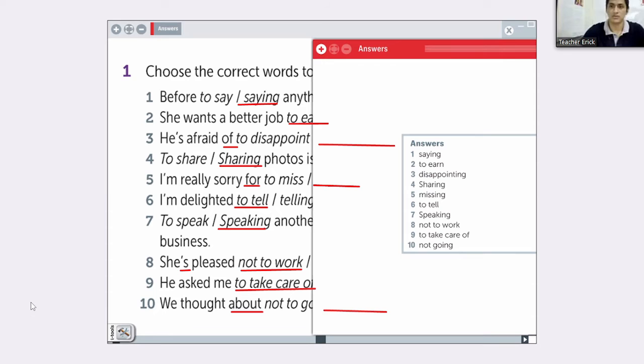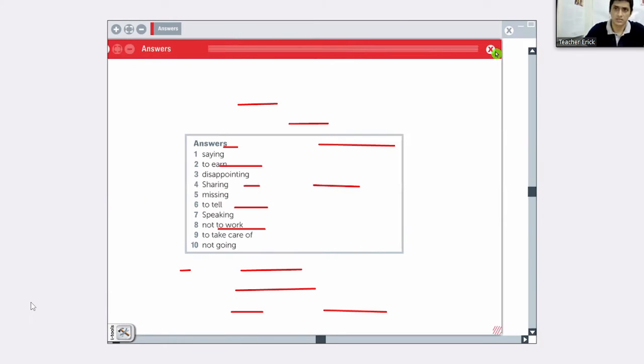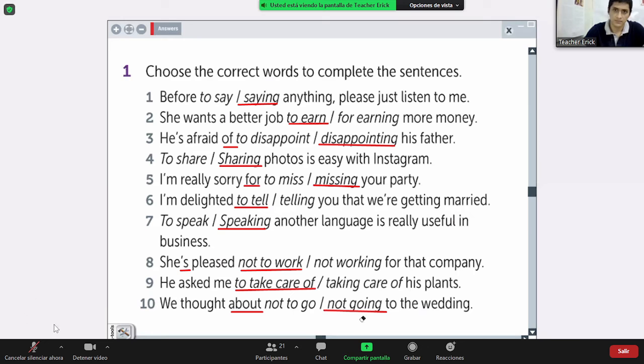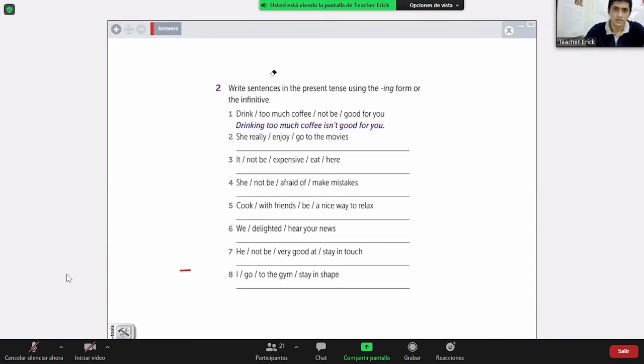So let's move on now to exercise 2, please. And what we have to do on exercise 2, in this case, it says here that we have to write sentences in present tense, okay, using ing or infinitive. Drinking too much coffee.